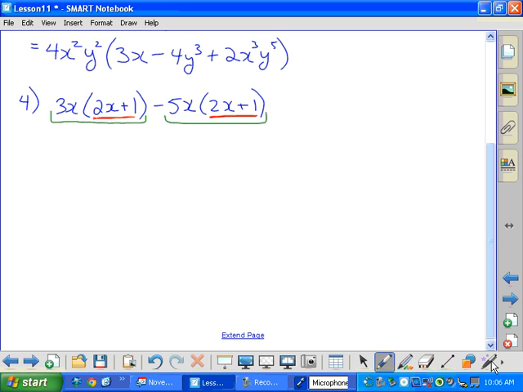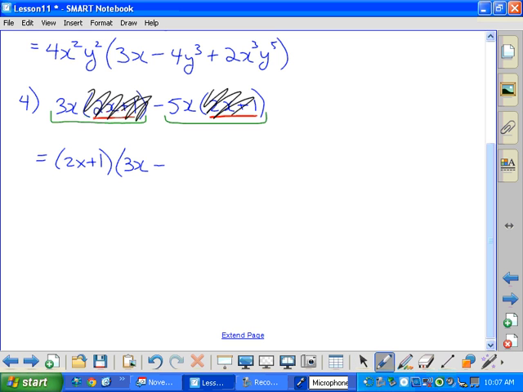So a common factor doesn't have to be simply a number or a variable. It could be an expression. So if that's true, I can take that 2x plus 1 out. So I can factor it out of each term because they both have them. What would that leave me with? Well, if I take the 2x plus 1 out, you probably don't want to do this with your note, but if I take that 2x plus 1 out, I'm left with a 3x minus, that was the dividing line between the 2 terms, or the separation.